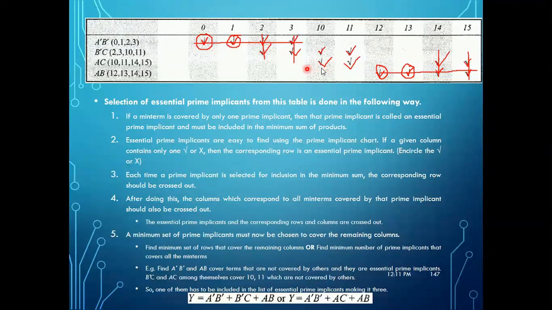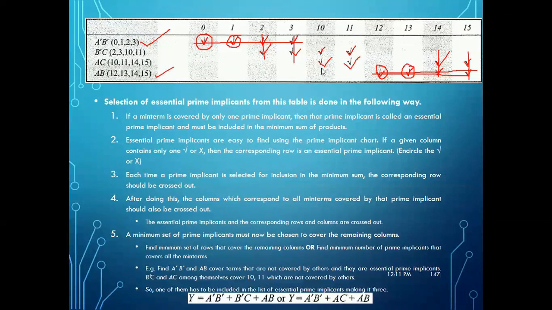The first marked group, 0, 1, 2, 3, is A bar B bar, and the marked group 12, 13, 14, 15 is AB.